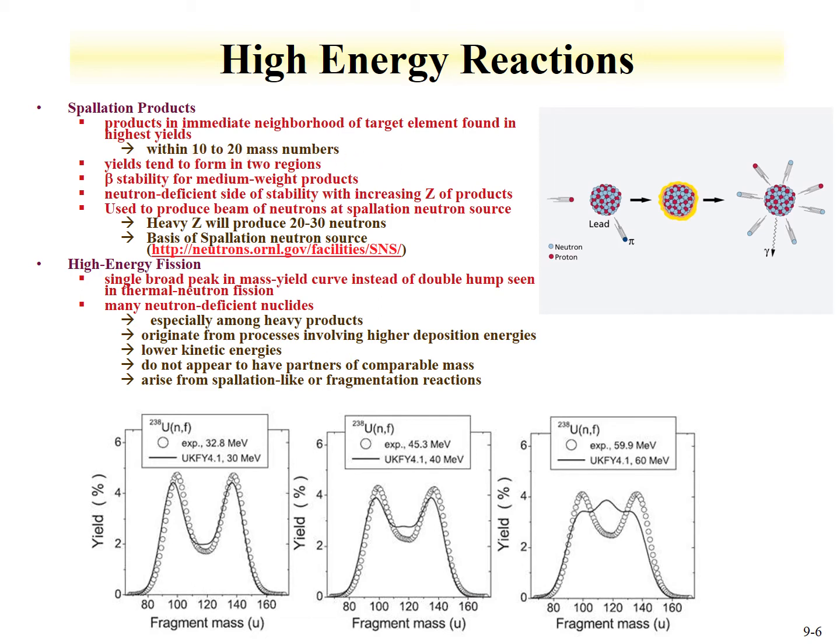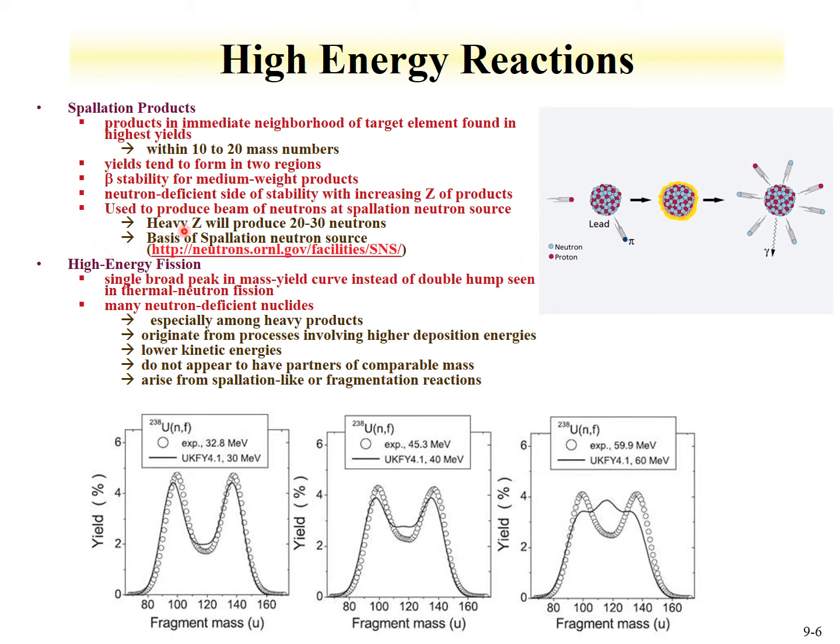An example is shown here for lead, where a high energy proton, hundreds of MeV, impinges upon lead and excites the lead nucleus with the emission of neutrons and protons. You'll tend to make beta stable, medium weight products, and this route, spallation, is used to produce neutrons at spallation neutron sources.